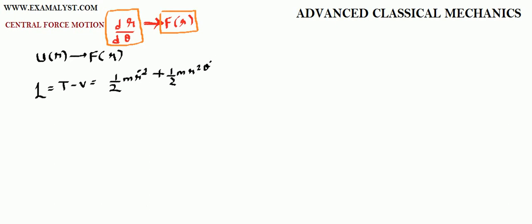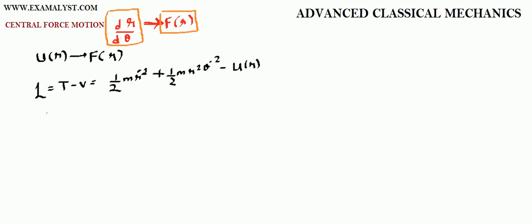And now there will be a minus of the potential u of r. Why is the potential u of r? Because our force is a function of r, as a result of which potential is also a function of r, because we are dealing with central force motion.